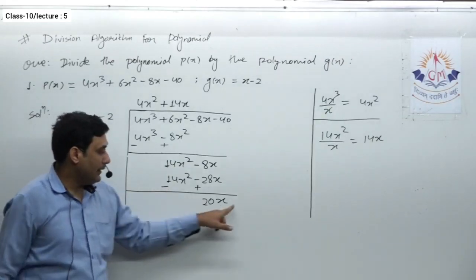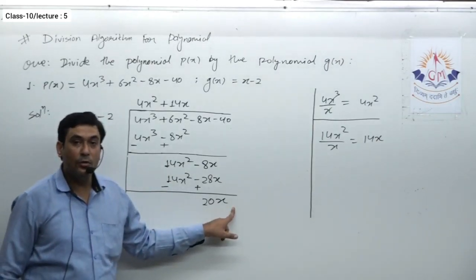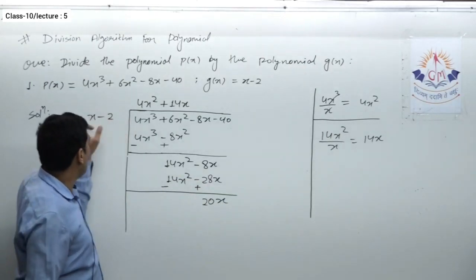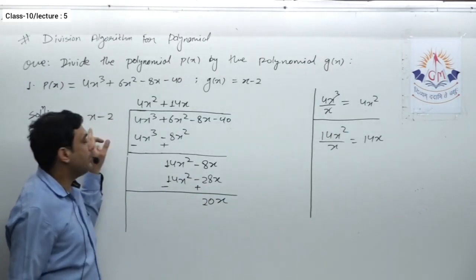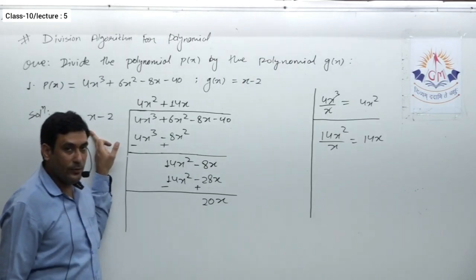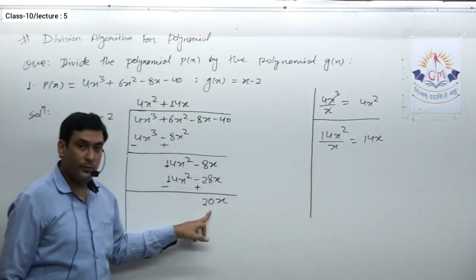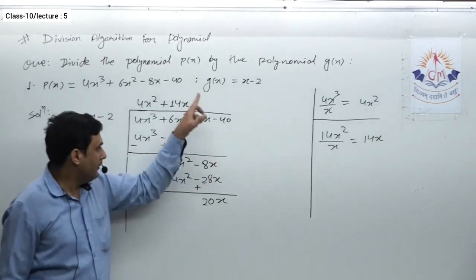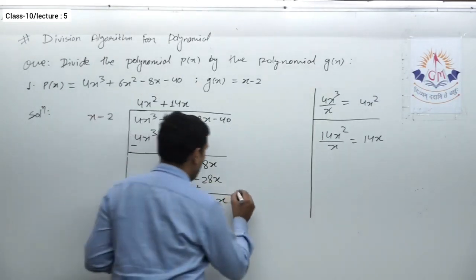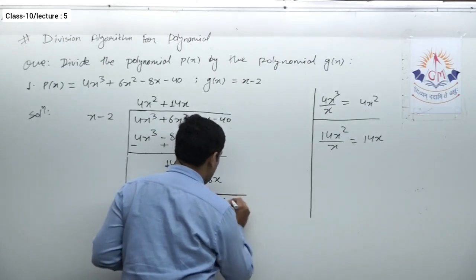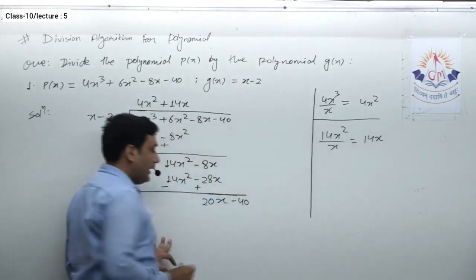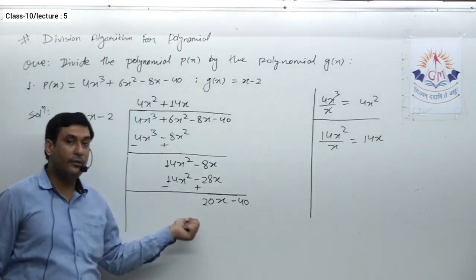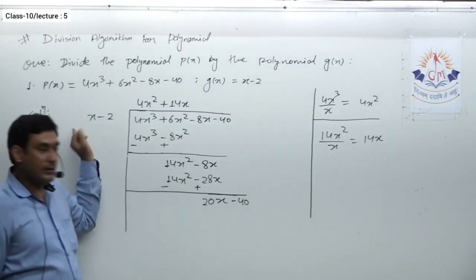Now again, as I told you, the number of terms in the new dividend must be equal to the number of terms in the divisor polynomial. In the divisor polynomial there are two terms, so in the new dividend there must be two terms. One term is already present there, we will bring down one more term, that is minus 40 in this case. Now again I will follow the same method. I will divide the first term of this new dividend by the first term of the divisor.